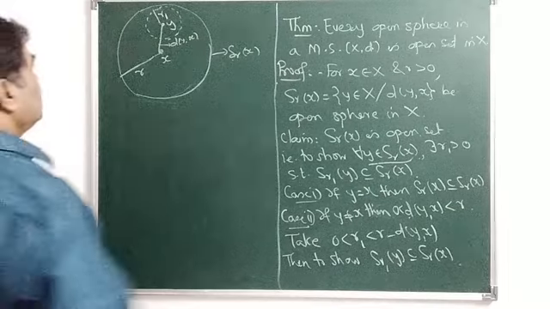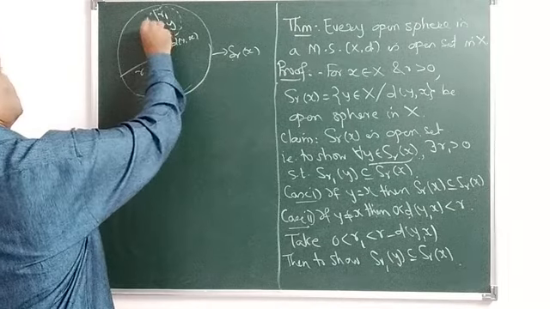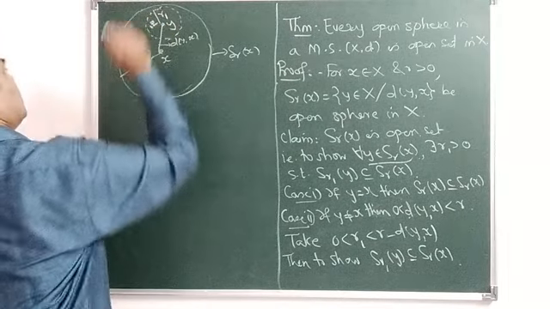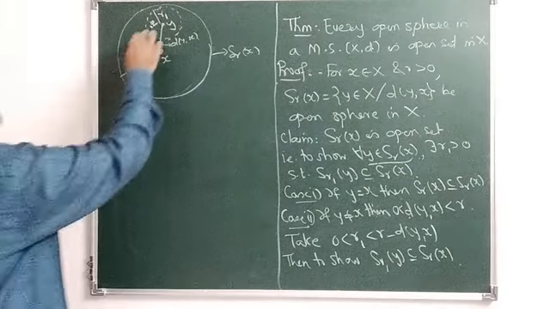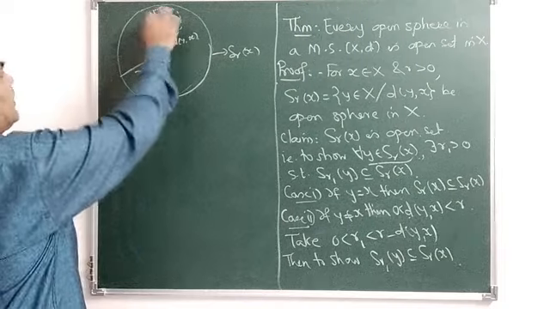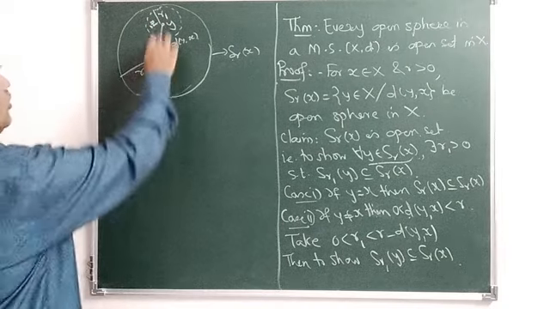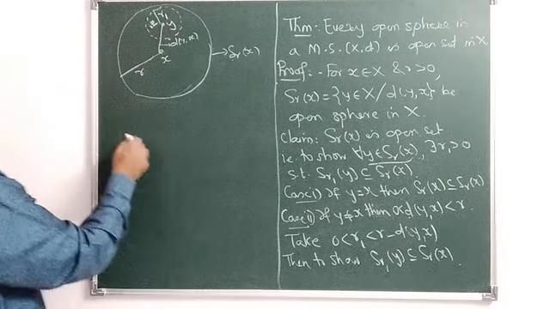Okay, so now take z from this to be an arbitrary point. Then I have to show that d(z, y) is less than r.